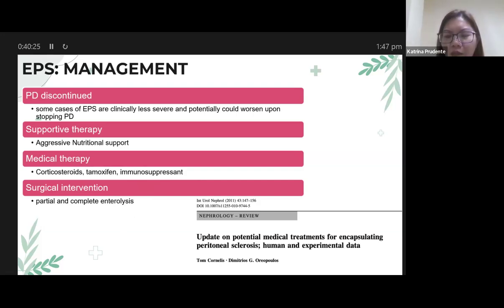Again, it is important to note the switch to HD if there is high risk of PD technique failure. This includes high and rising peritoneal permeability, low UF capacity, difficulty in fluid balance control, and requirement for high glucose dialysate. If you have these present, you can opt to shift your patient to HD. But if none of those are present, it's still advisable to maintain them on PD.